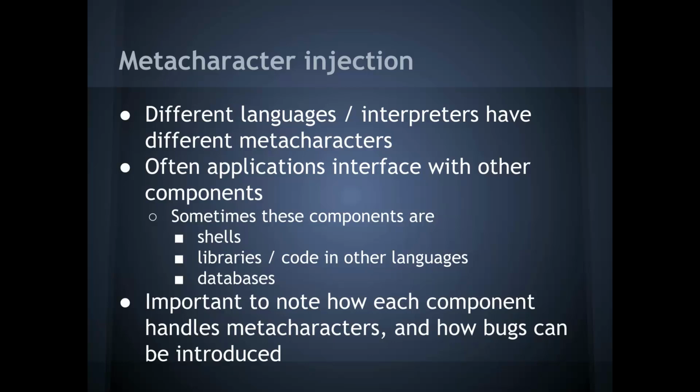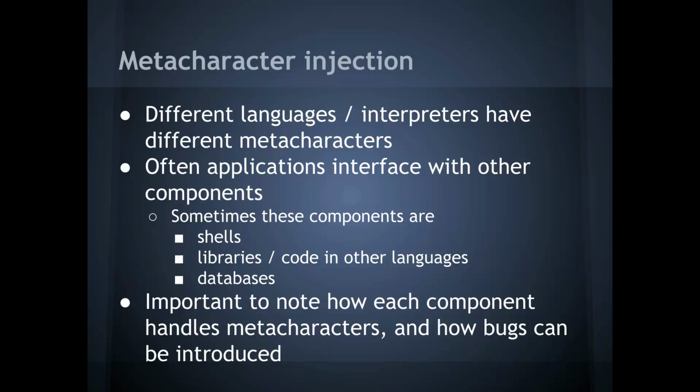Different languages, or rather interpreted languages, such as when the web server is running a PHP interpreter or Python or Perl or CGI, have different meta-characters that trigger parsing to behave in different ways, whether it starts parsing data as, okay, the rest following this character is now a command, or whether this is a new string, or whether this is a directory traversal meta-character.